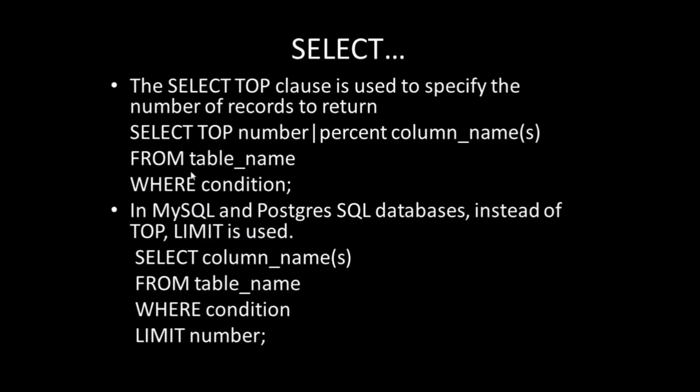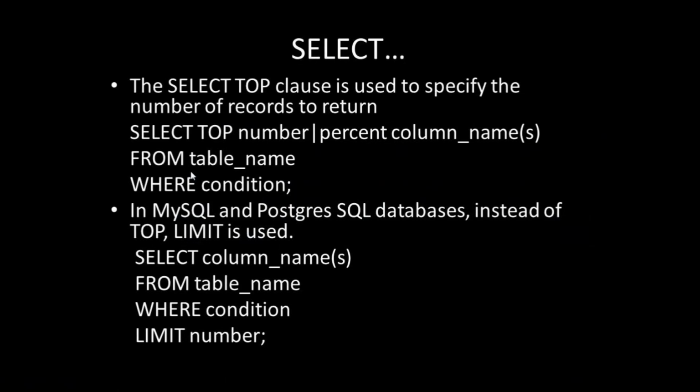When you want to select the top n records, let's say I want to find the top 5 employees who draw the maximum salary, or top 5 employees who joined late or who joined early, in such cases we use top.